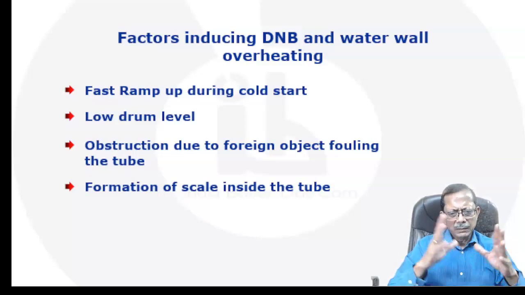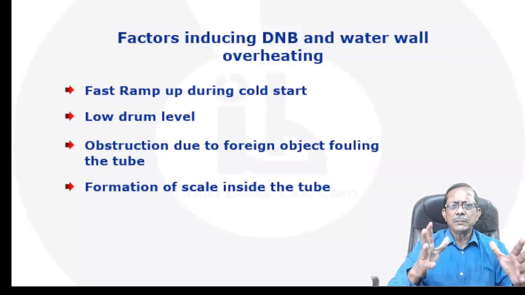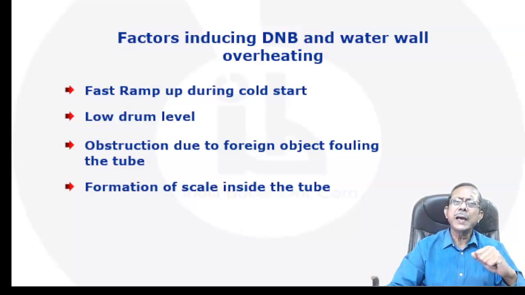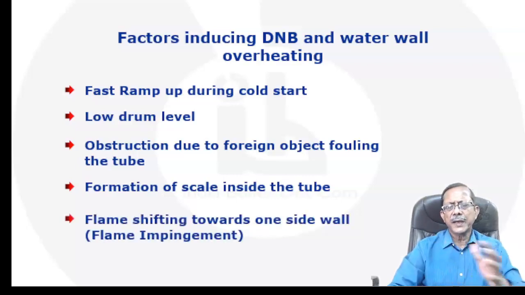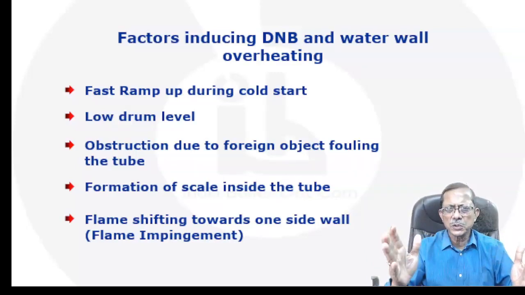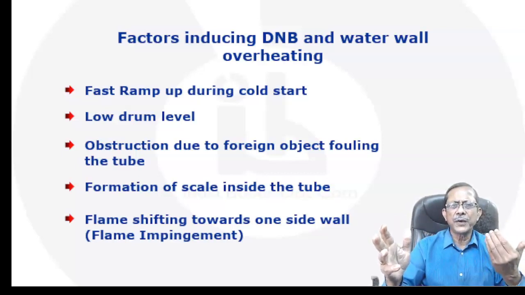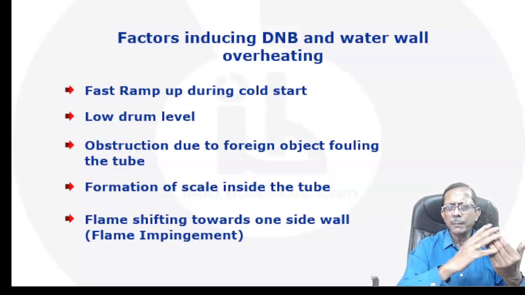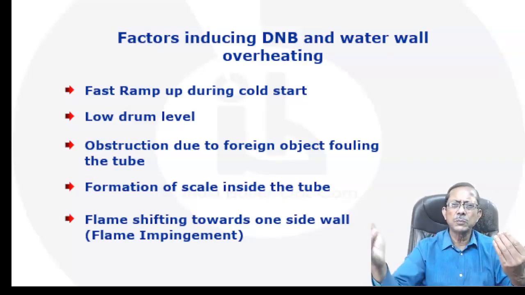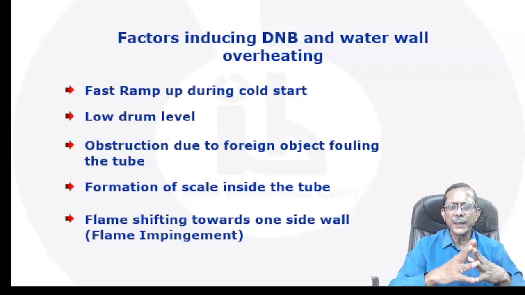But one thing might happen, and quite often it does, and that is a very high amount of heat flux at a particular wall. It can happen because of flame impingement. Flame impingement is nothing but the flame coming very close to the water wall. So in a front wall fired boiler, if the flame length is very long and it is almost touching the rear water wall tubes, that would be called flame impingement.